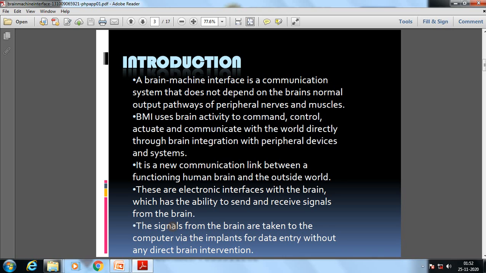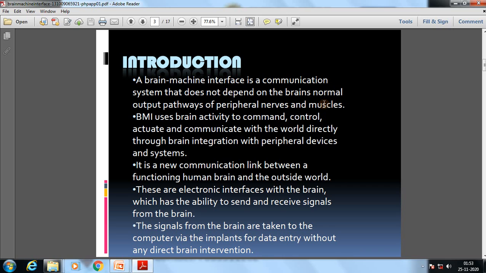Now what has been written here is that a brain machine interface is a communication system that does not depend on the brain's normal output pathways of peripheral nerves and muscles. Normal output pathways are my hand, my leg, all the physiological activity that I could perform using my brain. In case of a brain machine interface, we don't use those normal output pathways.